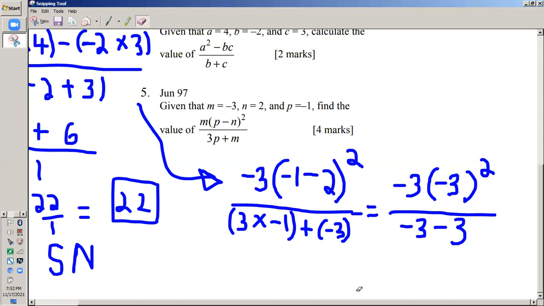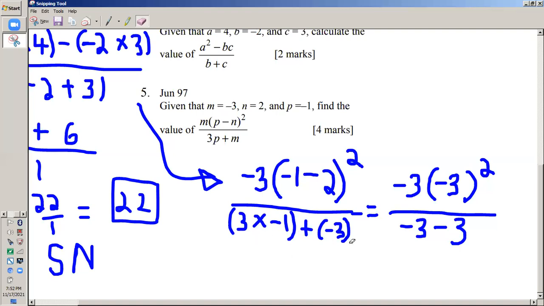I don't know how you get 4, unless you're doing this, and you can't do that. Because it has 3p there, doesn't that mean 3 times p? But then it's plus m.